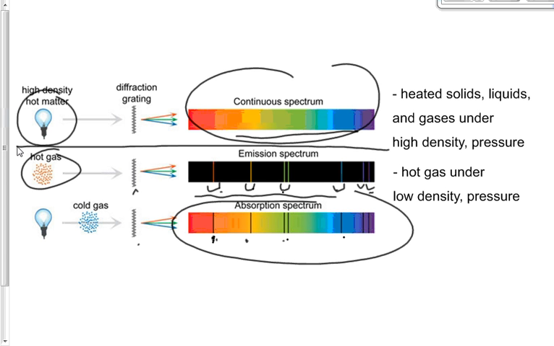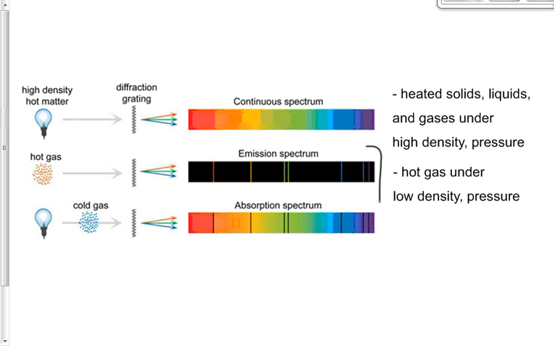Now, I don't know what gas this is for. Hydrogen, I don't know. It doesn't matter. But understand two things here. First of all, this emission spectrum, if you take a close look at it, is the exact opposite of this absorption spectrum. Where all the photons were produced in this transition, all the photons were absorbed in this transition. What does that tell you about this hot gas as compared to this cold gas?